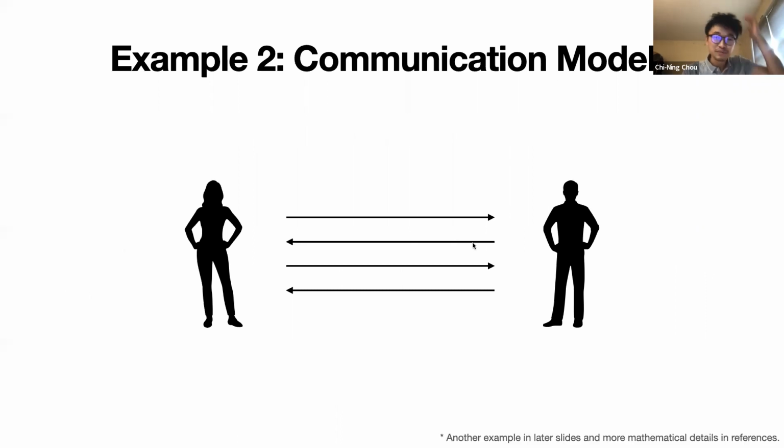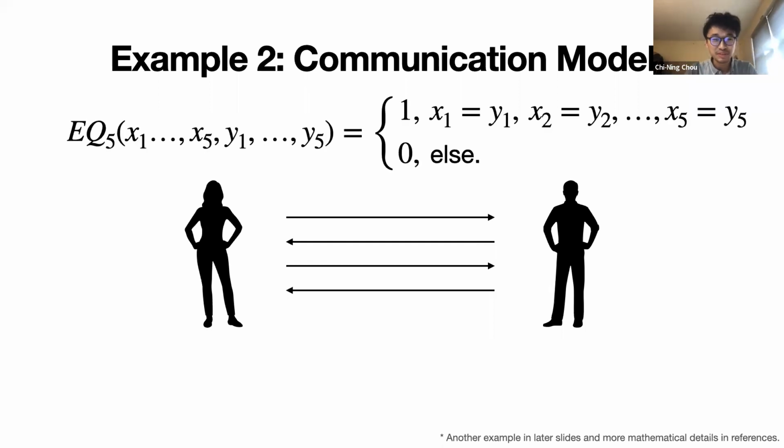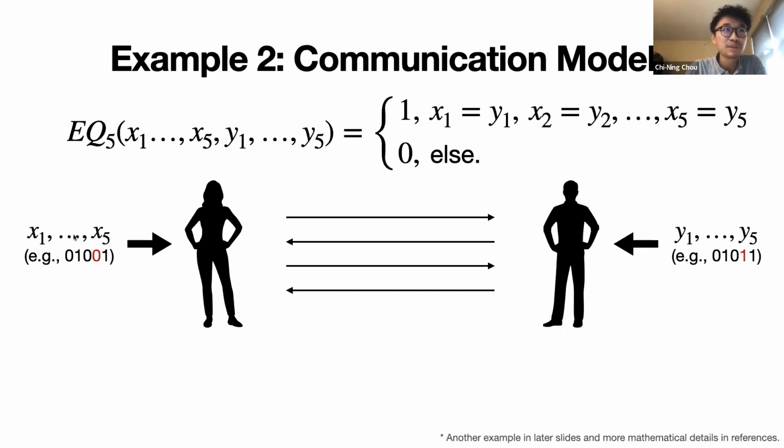Similarly, I'll give you a simple example to get a feeling for what this model is really about. It is a very simple example called equality. Think of Alice having 5 bits of input, say 0, 1, 0, 0, 1, and Bob also having 5 bits of input, for example 0, 1, 0, 1, 1. The goal of the equality function is to see whether Alice's and Bob's inputs are the same.